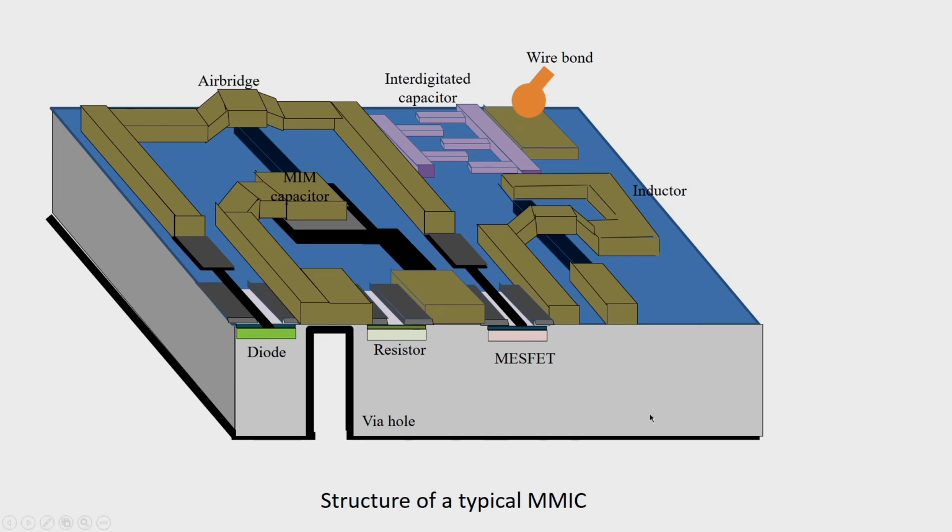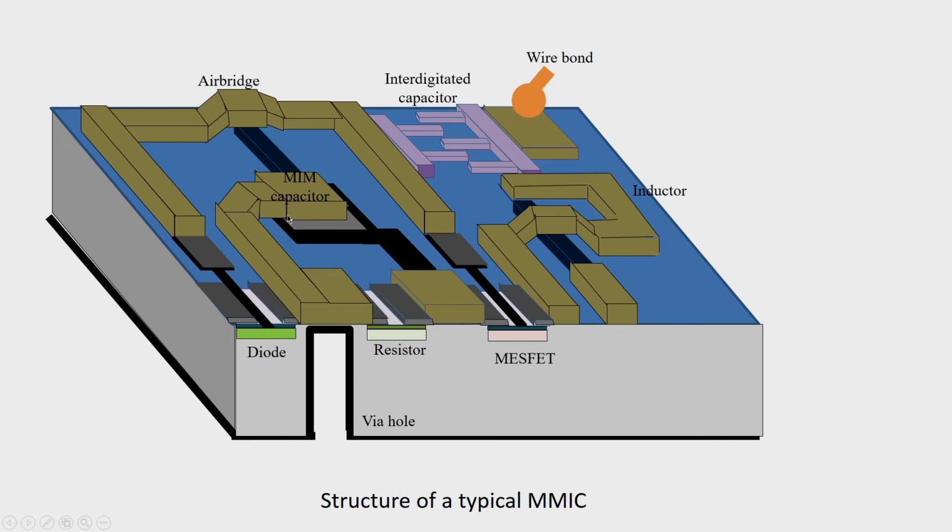So, we have substrate, we have resistor, inductor, interdigital capacitor, we have air bridge. We mentioned that the air bridges are provided when we need to have a metallization layer pass underneath it.